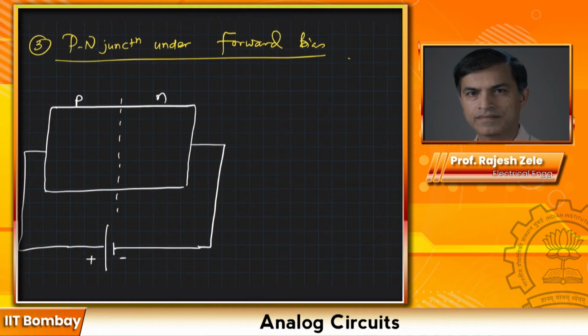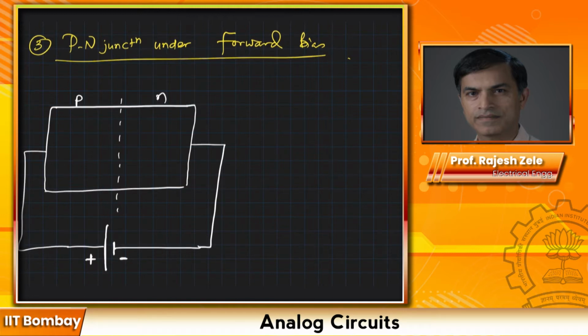Positive and negative. Okay. So by connecting positive terminal, we are flooding the P type with positive charges, and by connecting the negative terminal, we are flooding the N type with negative charges. You can imagine a battery as positive charges and negative charges separated, and that gives you the potential difference. Okay. All right. So what will happen then?